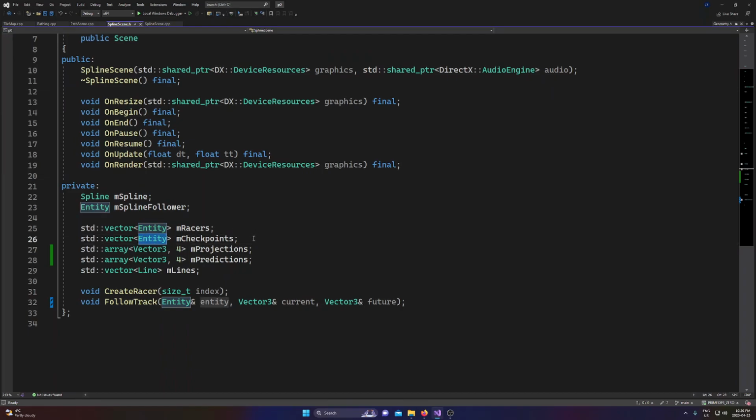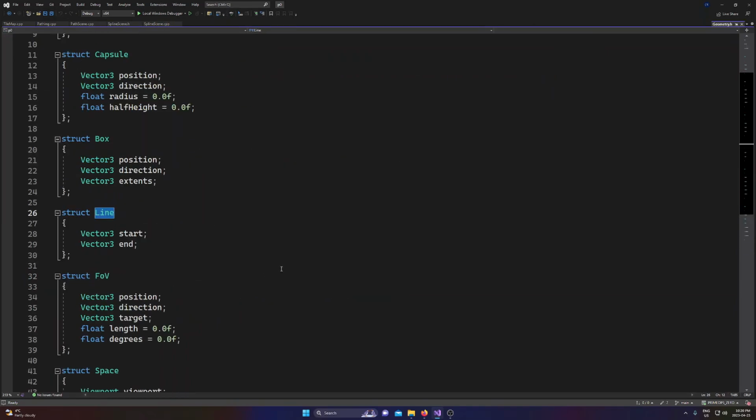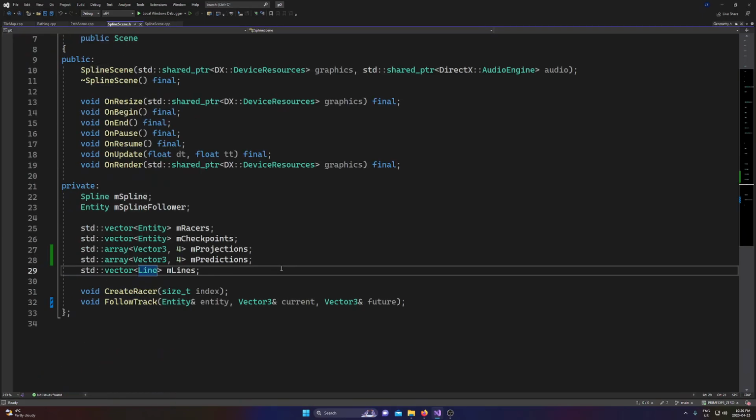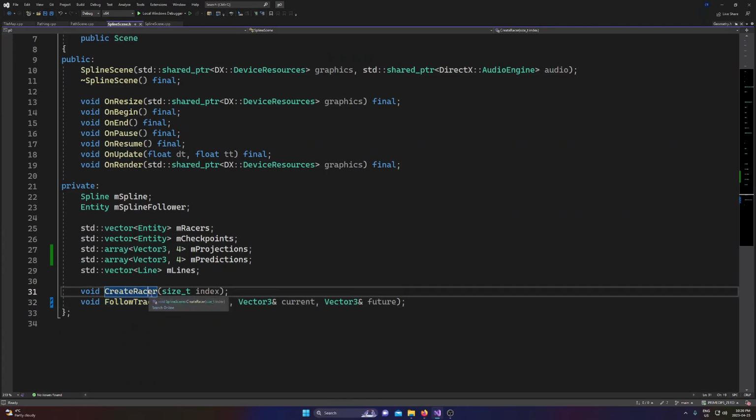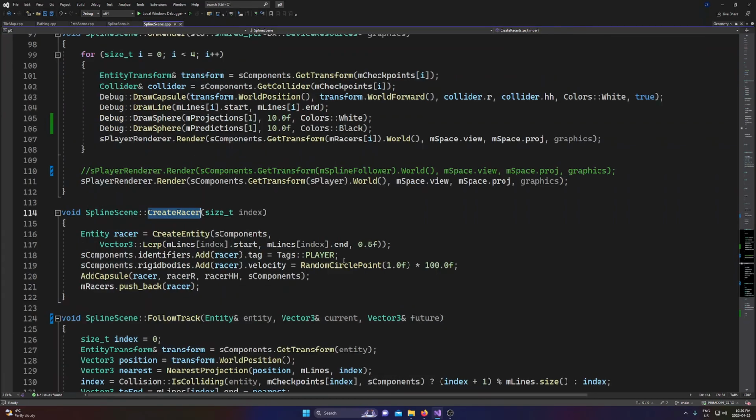Same with the checkpoints. And we've got some functions. Oh yeah, and our racetrack is also just a collection of four lines which have a start and an end position. That way they know their direction, so we can ensure racers are always traveling clockwise around the track. And we've got some functions to create a racer and make them follow the track. So let's take a look at those two functions.